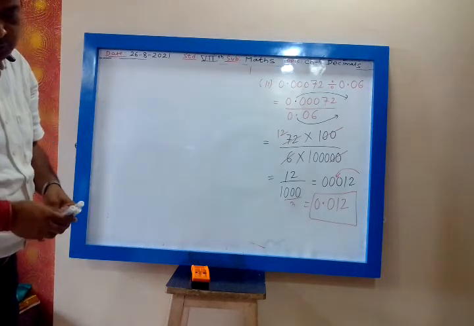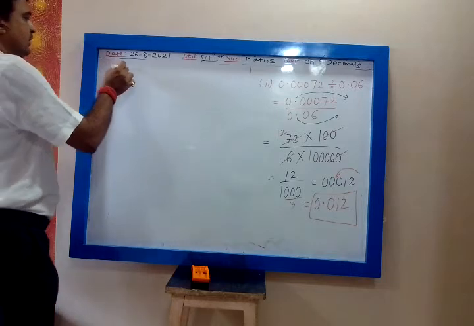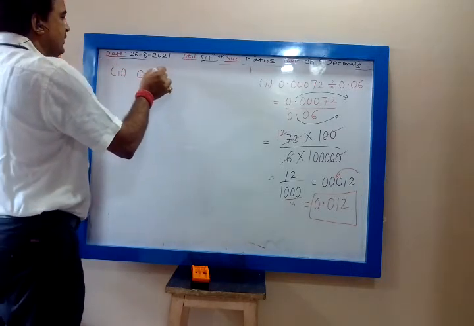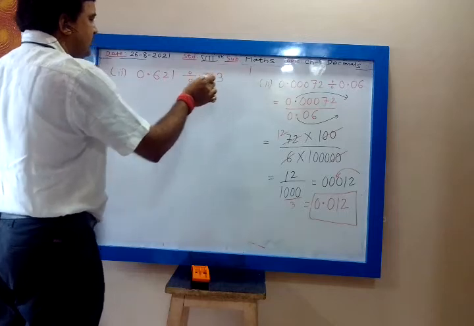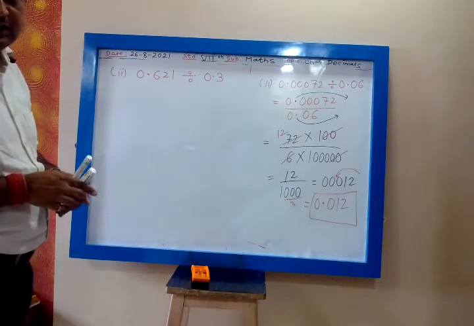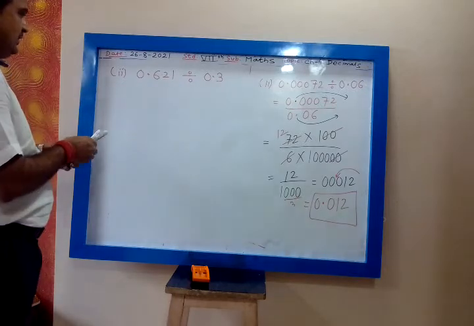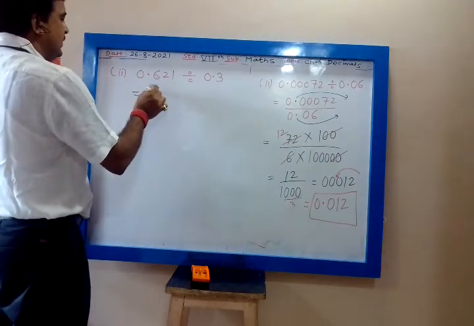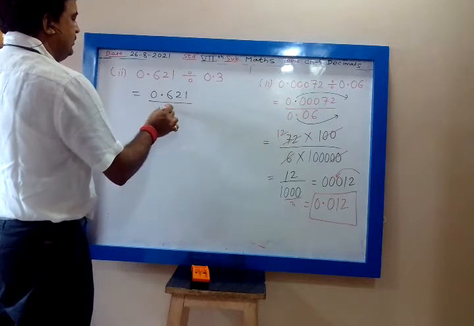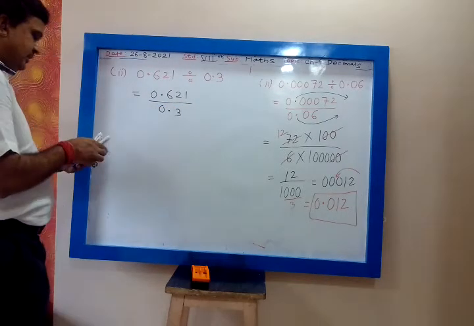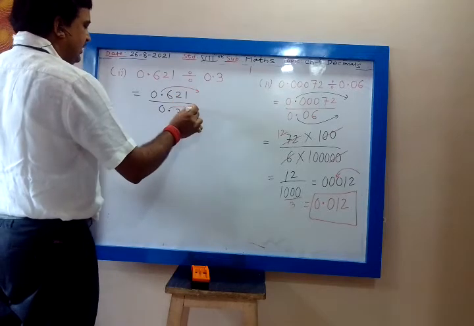Now 0.621 divided by 0.3. Solve this. Now remove the decimal of the numerator and denominator.